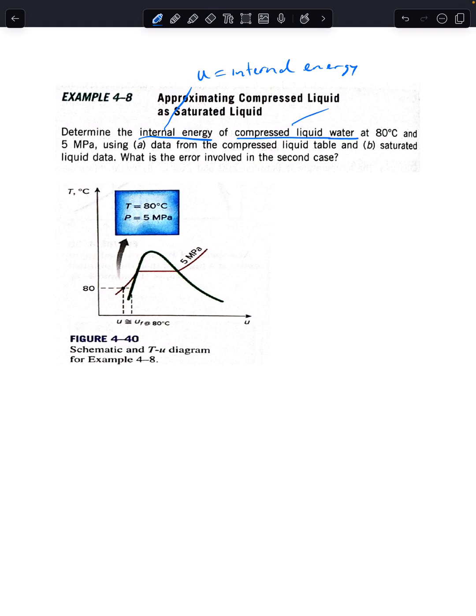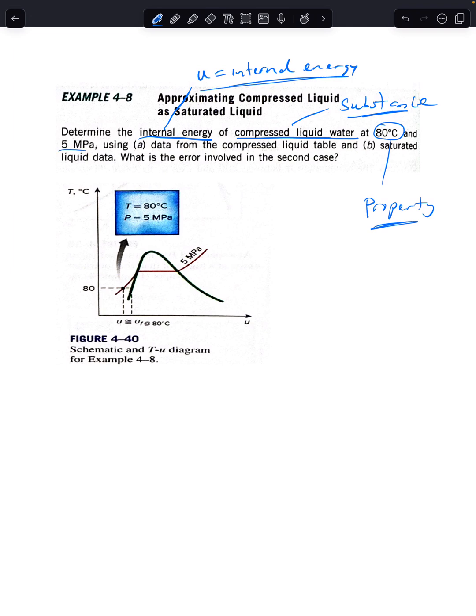This is the substance, and this is the property. I want you to always look at a problem from the property, the substance, and the quantity. We are talking about the internal energy.